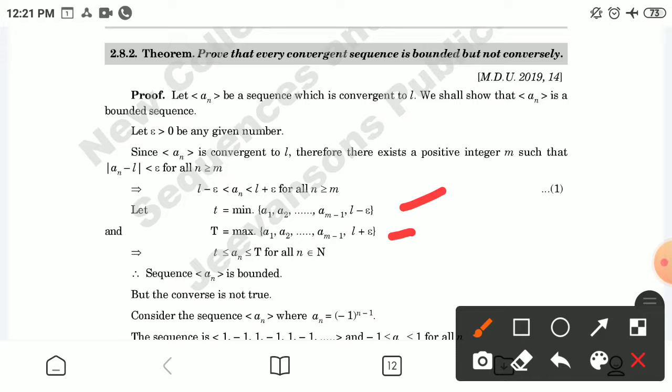This implies that every term of the sequence lies between small t and capital T. That is, small t and capital T exist for which every term of the sequence lies between them. Therefore, the sequence becomes bounded. But the converse is not true.